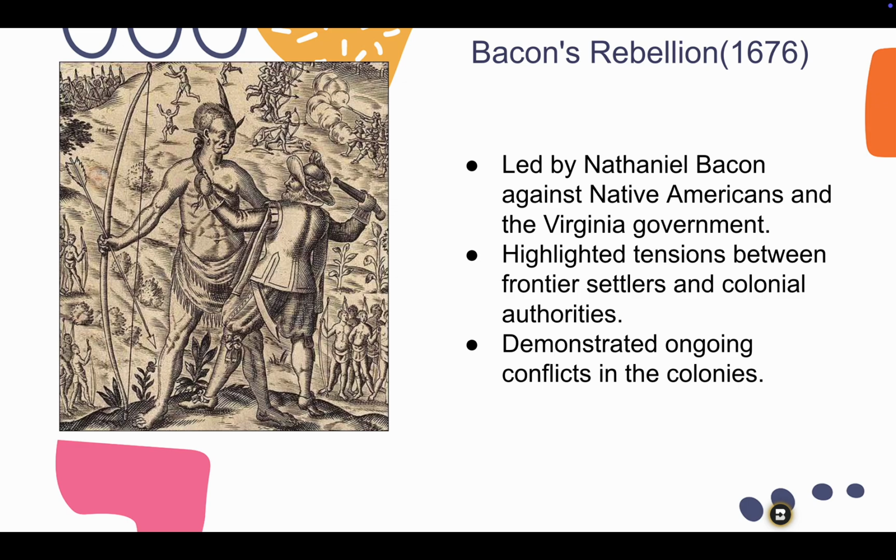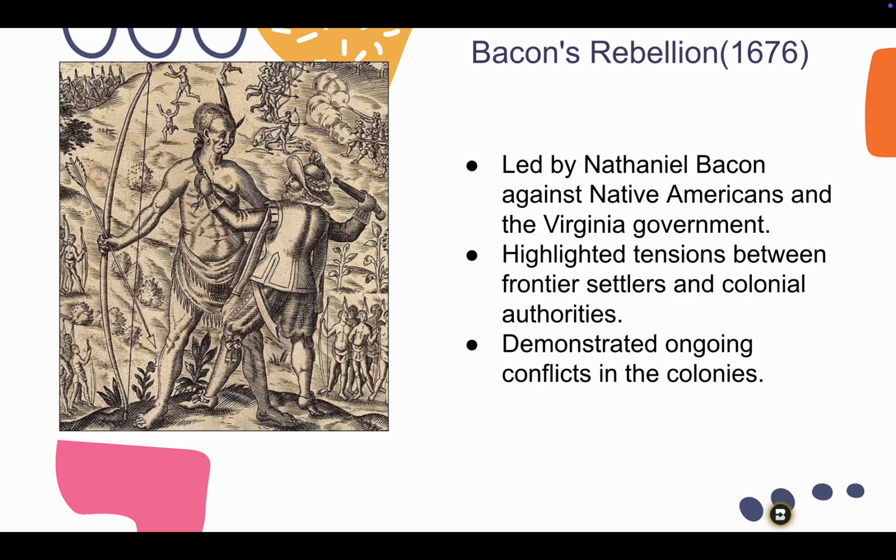Nathaniel Bacon and others want help from the government of Virginia, the House of Burgesses. The problem is the House of Burgesses doesn't want to have conflict with the Native Americans. And the House of Burgesses is mainly run by the plantation owners. They really don't care for Nathaniel Bacon and his fellow small farmers. They actually want those small farmers to go away, so those plantation owners can take over those small farms.